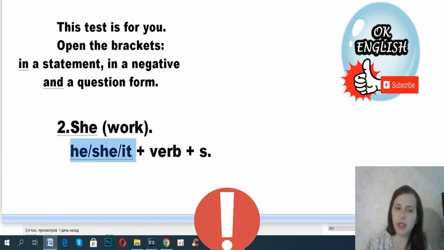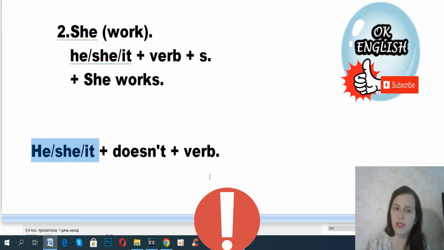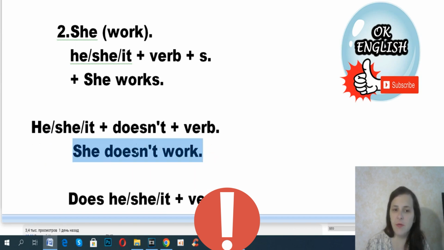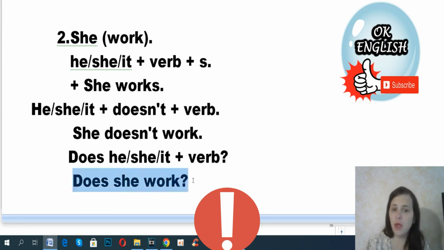She work. If you have he, she, it plus verb plus s. She works. It's a statement form. If you have he, she, it, plus doesn't plus verb, she doesn't work. It's a negative form. If you have he, she, it, plus does plus verb, does she work?